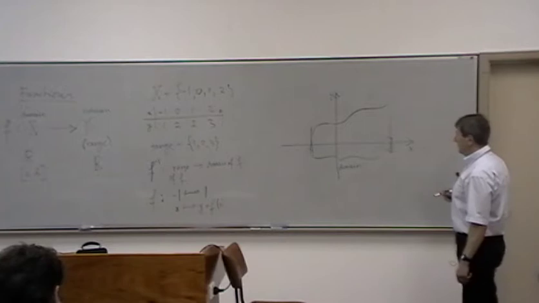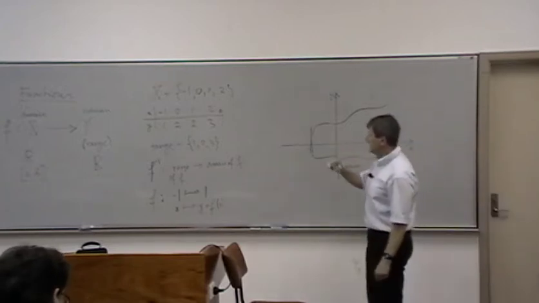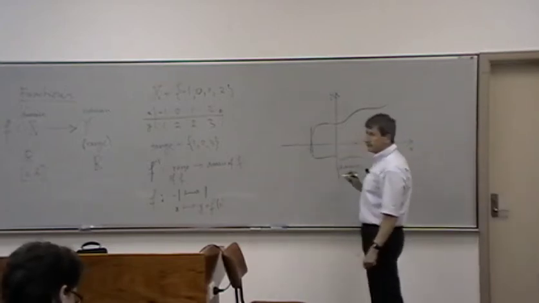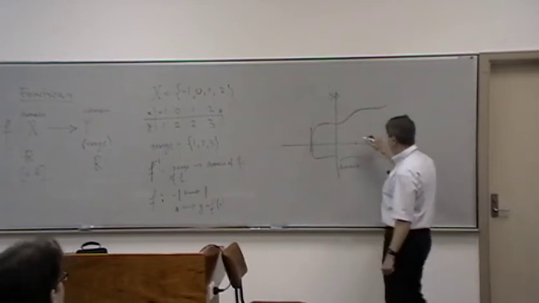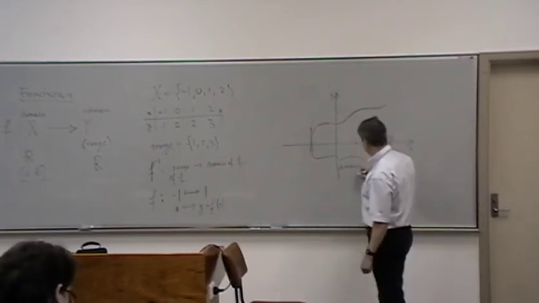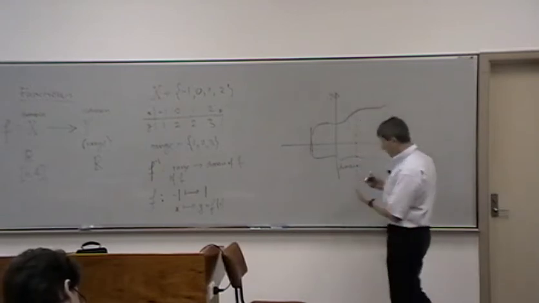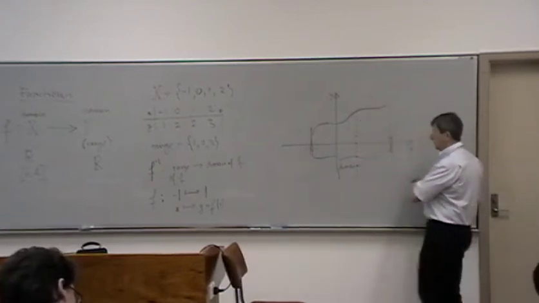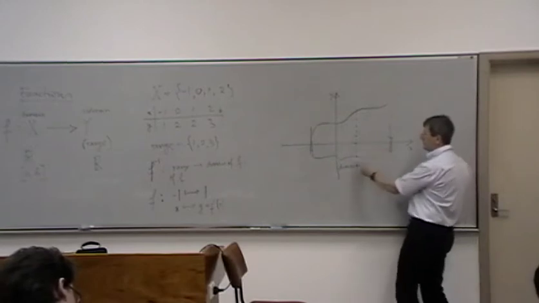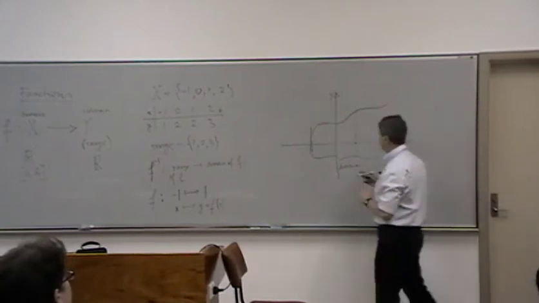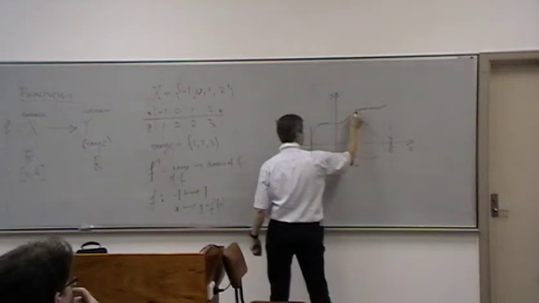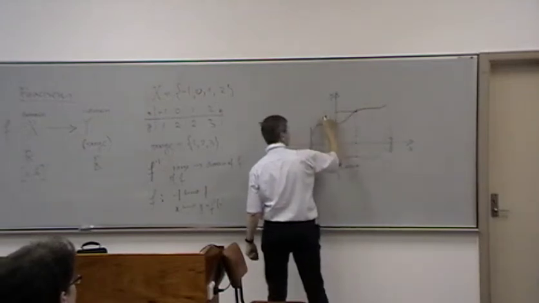Now, in order to be a function, as I said yesterday, each input is assigned to exactly one output. We can test it by the so-called vertical line test. If I put a vertical line through a given input, it should hit the curve only once. And where it hits the curve, this is the output, this is f of x.